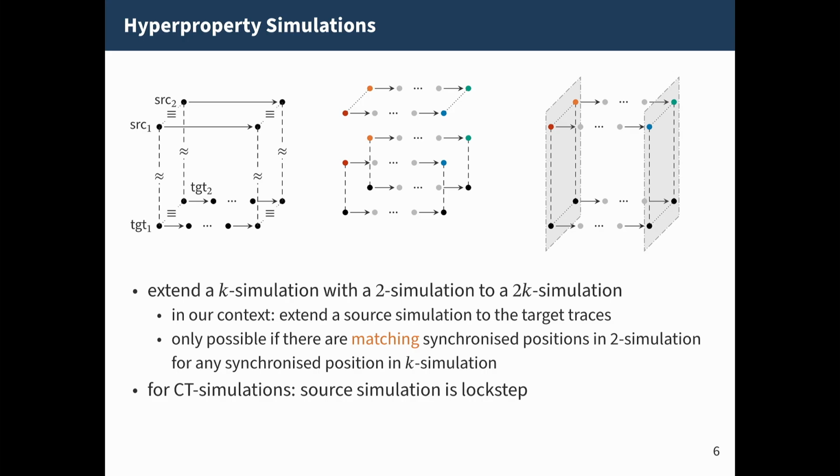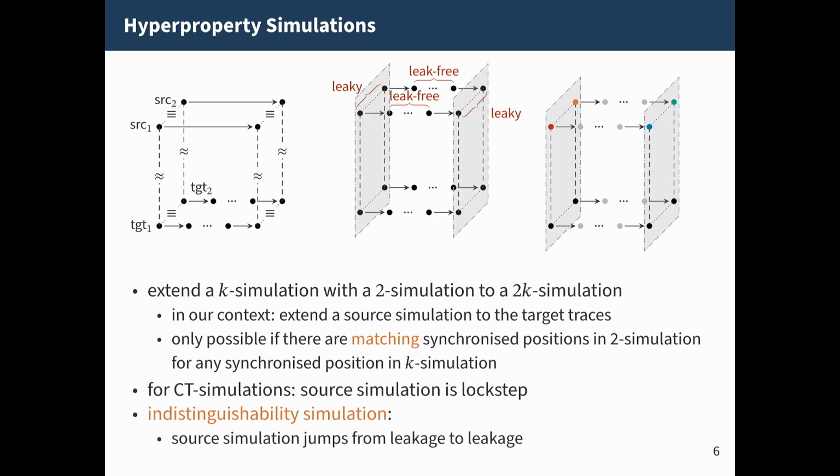This is how they argue to preserve constant time. In our case, this is not enough because this lockstep is too restrictive. If we have secret branches, we can't have a lockstep simulation between the source traces because we might go into different branches.